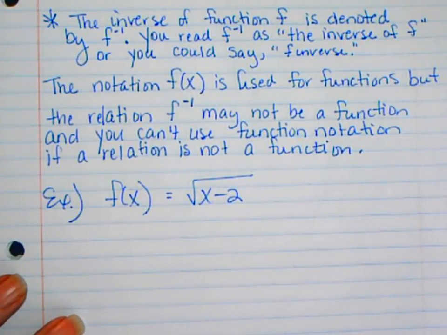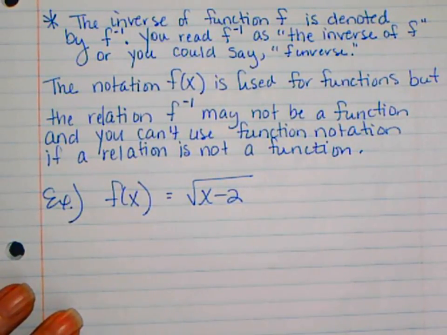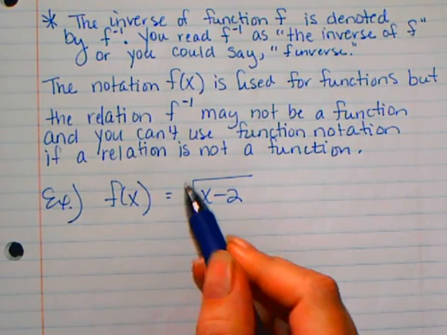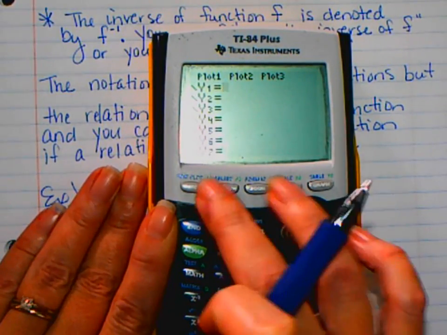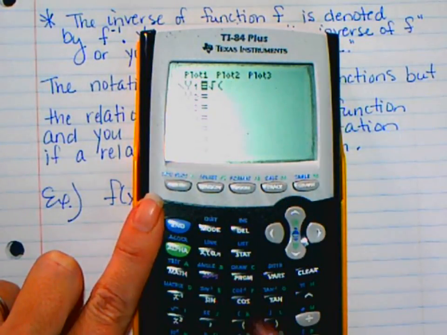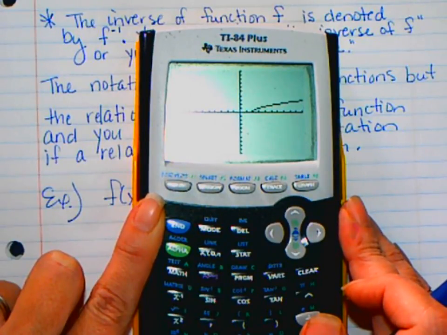And you're thinking, well, I thought that square root thing was a sideways parabola. Well, the difference is, yes, there is a square root, but it doesn't have the positive negative in front of it. If I were just to graph the square root of x minus 2, you just have that top part, okay?